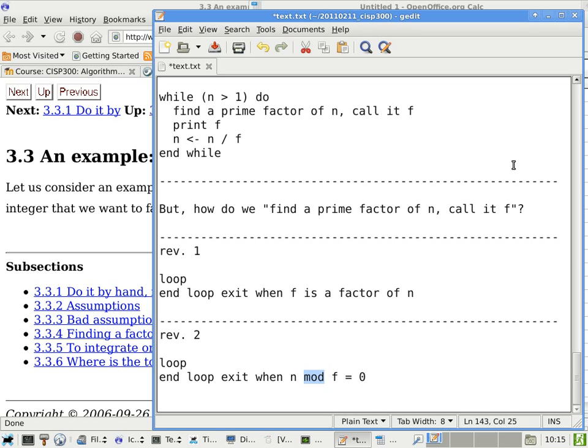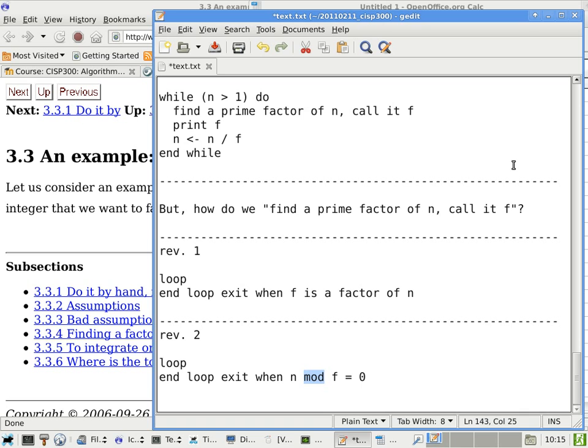Let's go through a few examples. What is 6 mod 2? 0. What is 15 mod 4? 3, because if you divide 15 by 4, the quotient is 3, but with a remainder of 3. What about 1 mod 16?